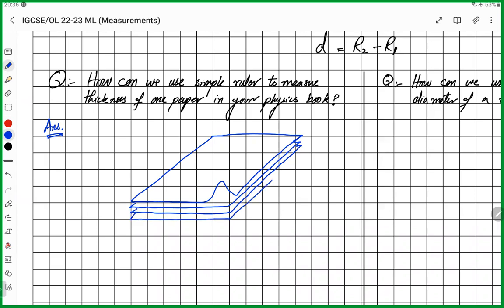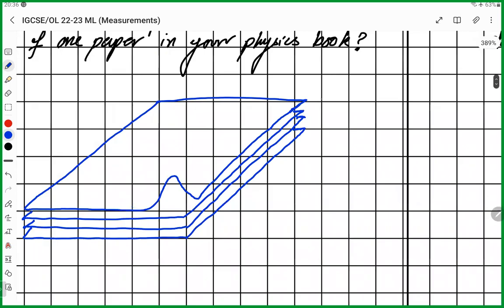Yes, so we can use the whole book. For example, this is the book. We can place the ruler next to it and find the whole thickness.